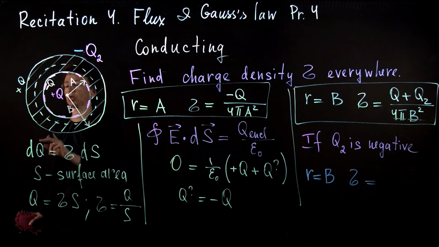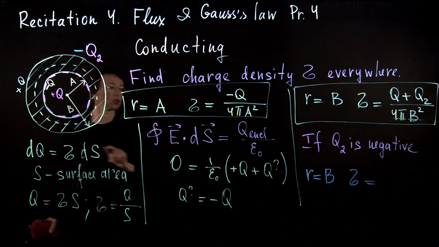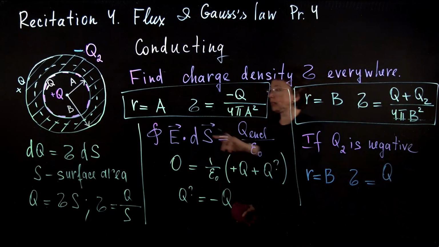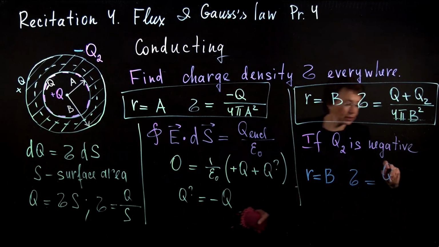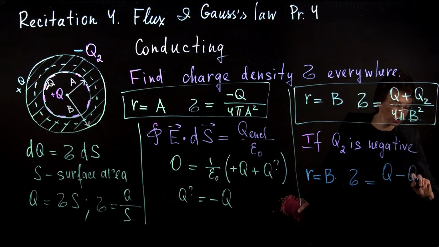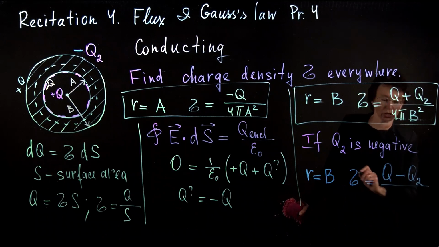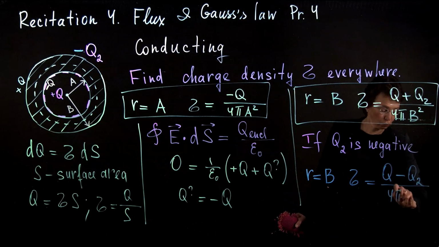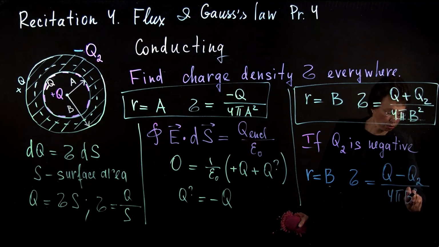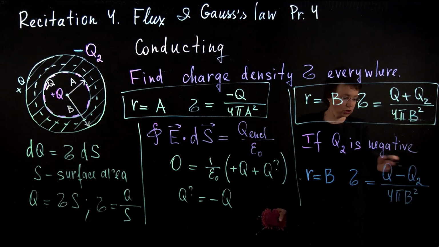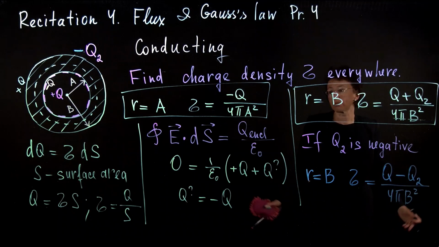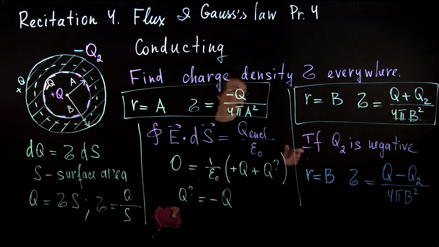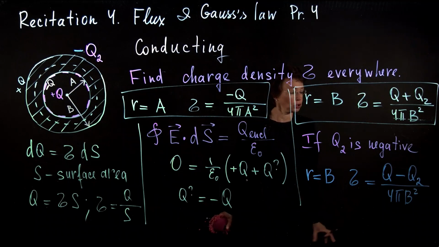It is plus Q, still there, and then minus Q2, a negative number, so we just add these numbers, and I divide by the surface area, which is 4 pi b squared. So if Q2 is negative, it just comes in with a minus. We found sigma at all surfaces for this case, also if Q2 is negative.